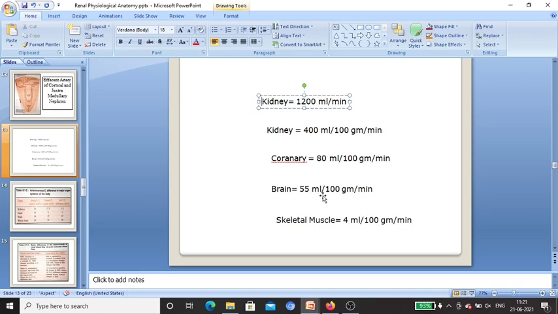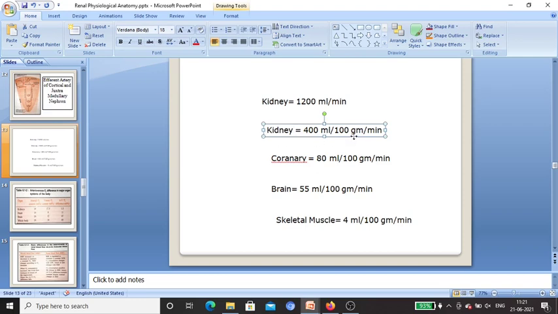The brain receives 55 ml. So see here, the kidney is a highly perfused organ, meaning maximum blood supply at the basal level is reaching our kidney.